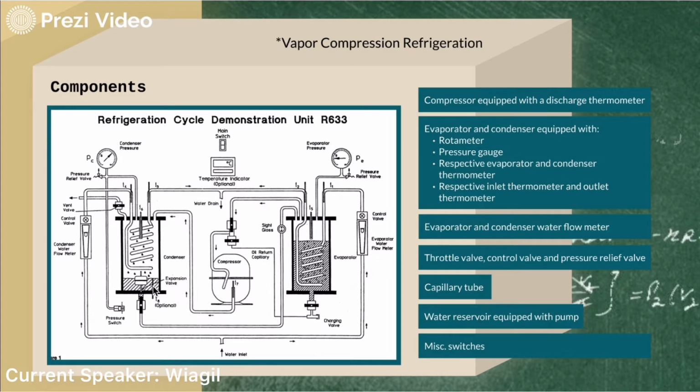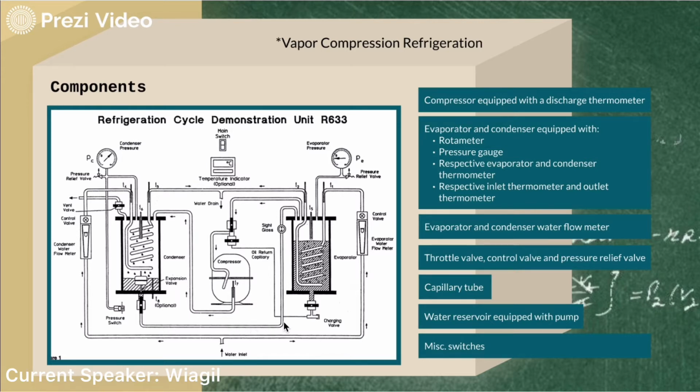This now hot high-pressure liquid refrigerant collects at the bottom of the condenser where it meets the expansion valve. The expansion valve is a float-operated needle that will discharge when the level of liquid refrigerant and the level of the float reaches equilibrium. When this happens, the hot high-pressure liquid is discharged through this tube.